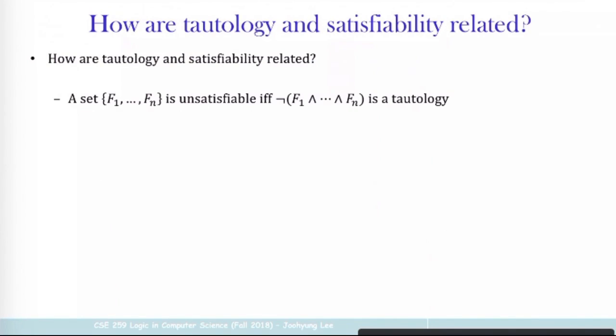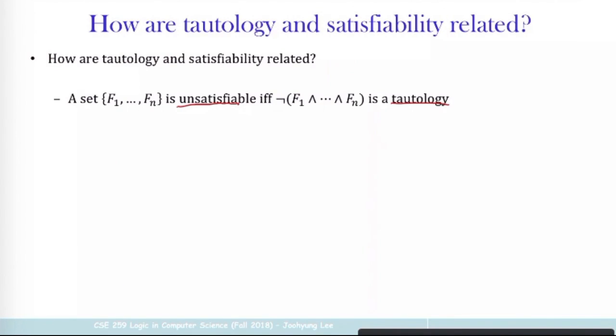So this is a sentence saying that if you have a set of formulas f1 through fn, and this is unsatisfiable, this is actually equivalent to saying that the negation of f1 through fn, the conjunction of all these formulas, is a tautology. On the one side, we talk about unsatisfiability, which is the opposite of satisfiability, and on the other side, we have a tautology.